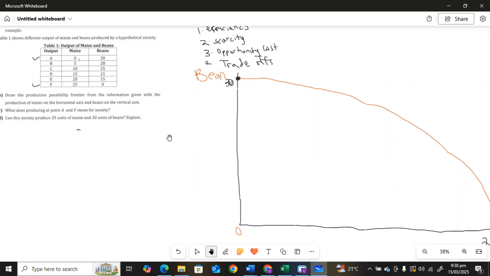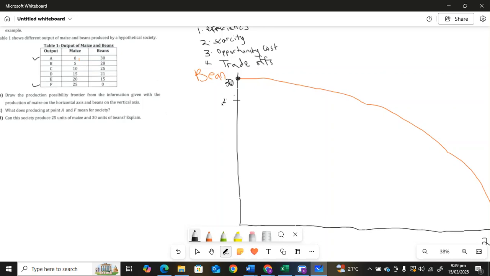At point B, we're producing 5 maize and 28 beans. So let's say here we put 28. Always use a pencil, because it's not that when you draw it like this, it will come out perfect. You might need to shift some points so that it looks neat.